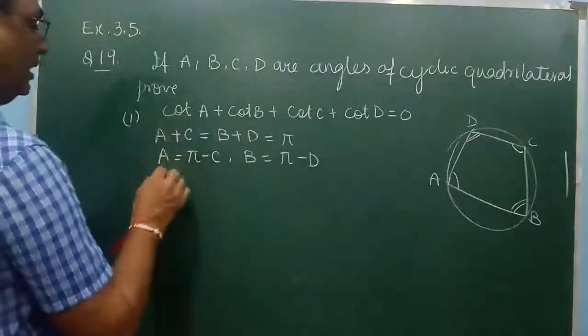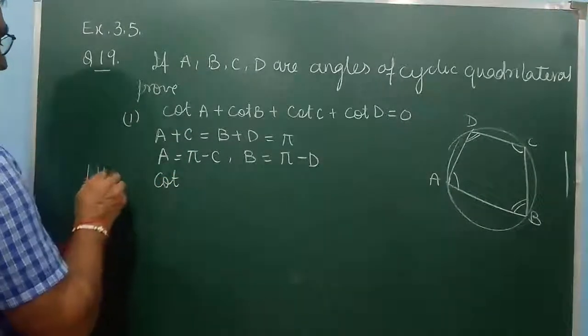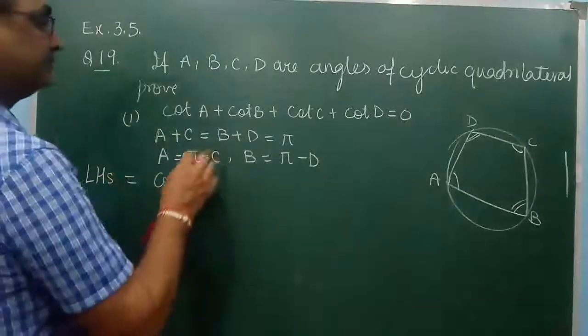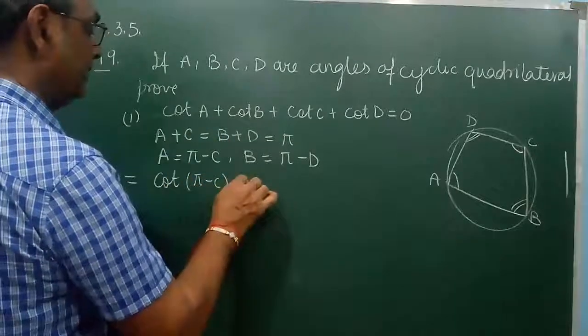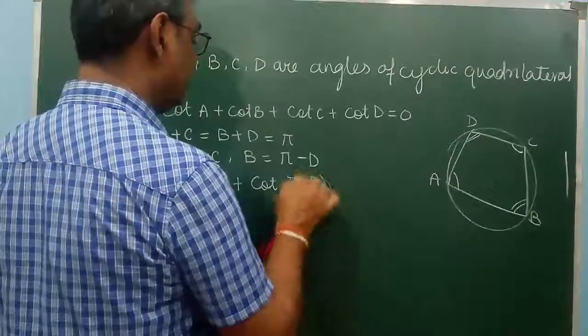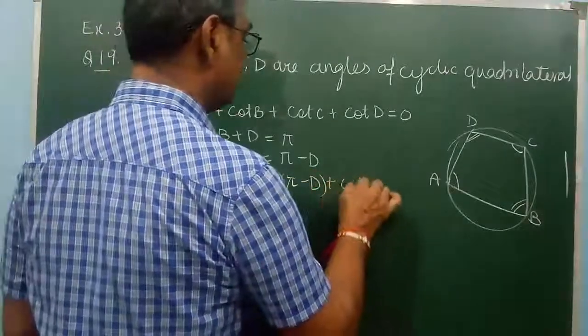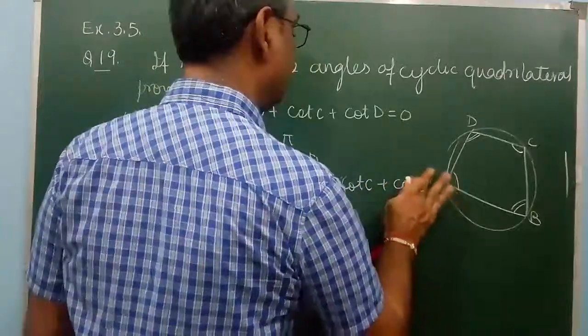So LHS equal to cot A, in place of A we write pi minus C, plus cot pi minus D plus cot C plus cot D. This much we have got.